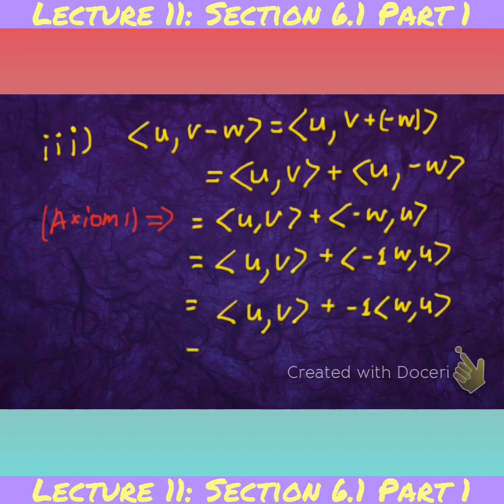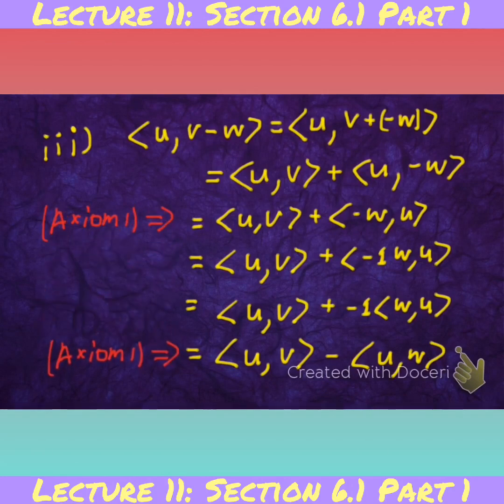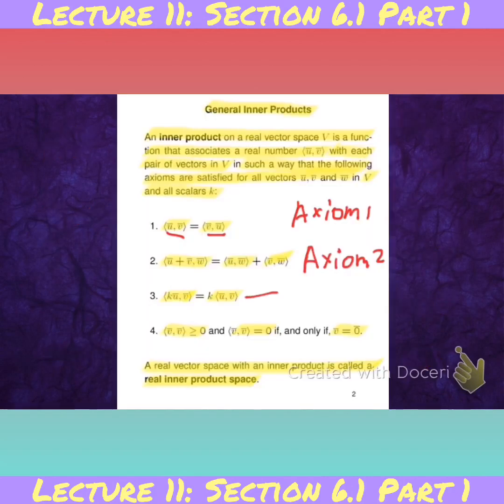And then again, that you can write as uv plus, or rather minus uw. And again, what we've used now is axiom 1 there, and if you look at this axiom here, that's a scalar multiple axiom, and that's axiom 3.